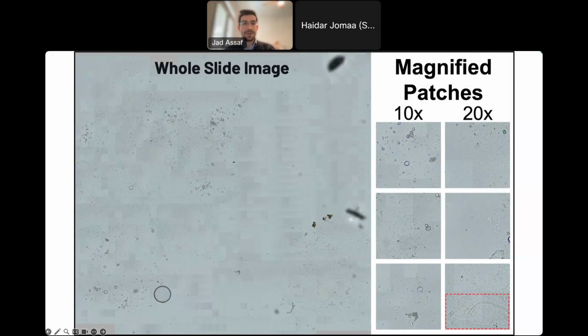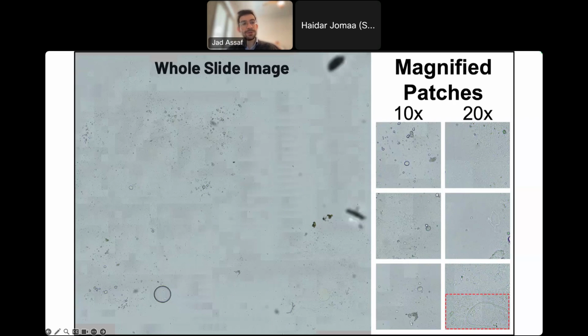This is one example from a fungal infection. We can take patches and visualize them at higher magnification. On the bottom right, there's a 20x magnification patch that shows a very fine filament, and this filament comes from a fungal infection, which tells you that sometimes all it takes is one or two patches to solidify our diagnosis.